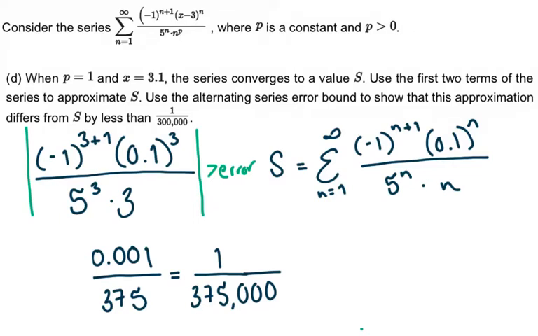And so if we're referring back to what's given in the problem, we see that we want to know that it's within 1/300,000th, which is plenty because this is going to say it's even more accurate because the denominator is smaller.